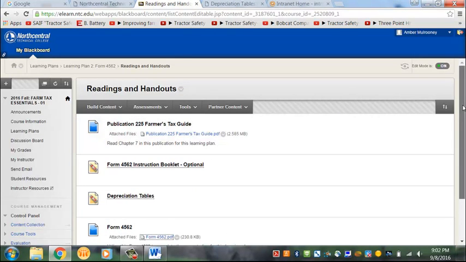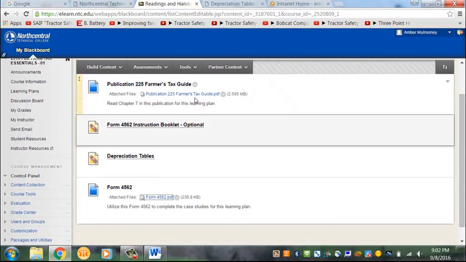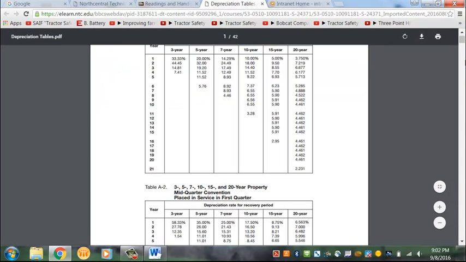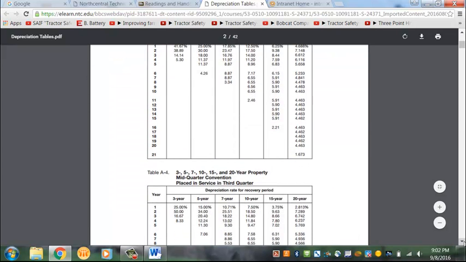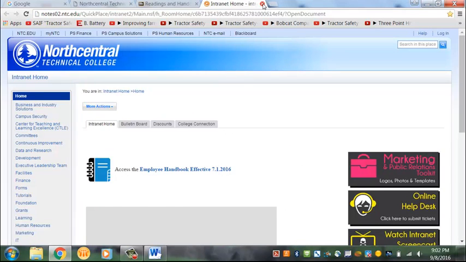So read Publication 225, chapter 7. Just skim over the instruction booklet for the 4562. It has a lot of information in it and goes pretty in depth, but just look over the basic part of that. Take a glance at the depreciation tables just to familiarize yourself with them, and see where you're going to go to get certain percentages and how you figure that out.